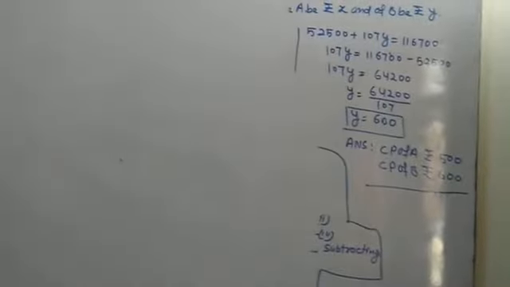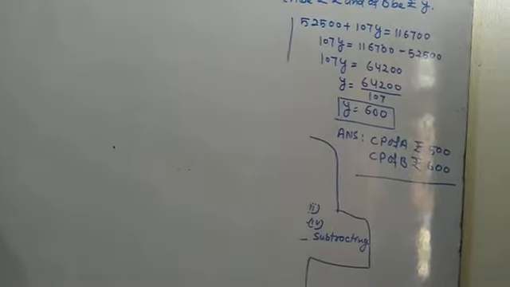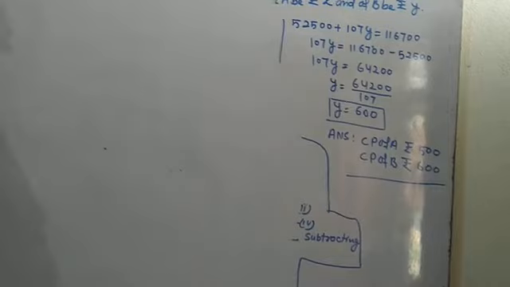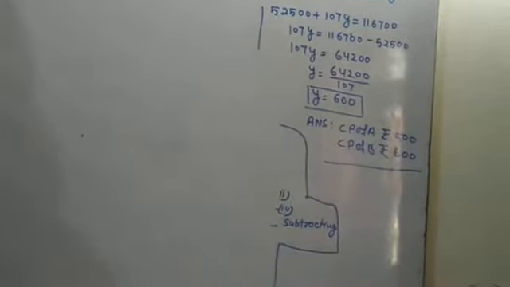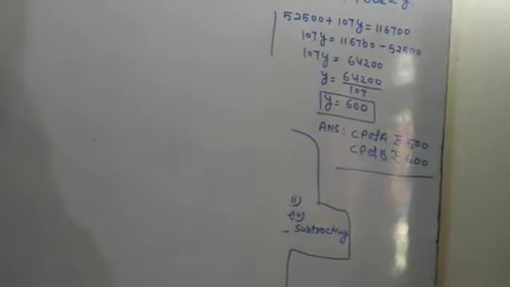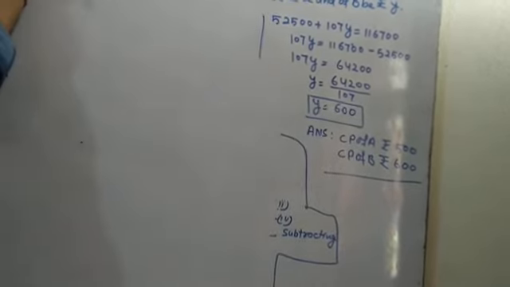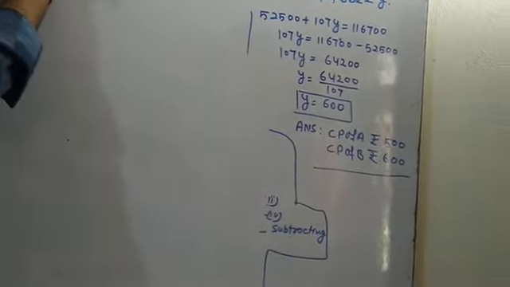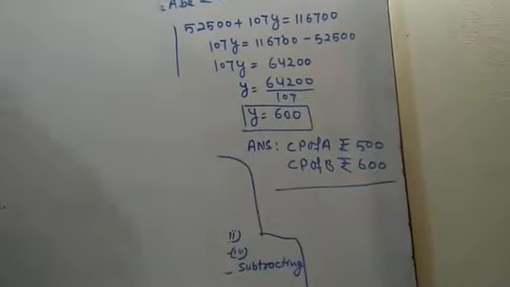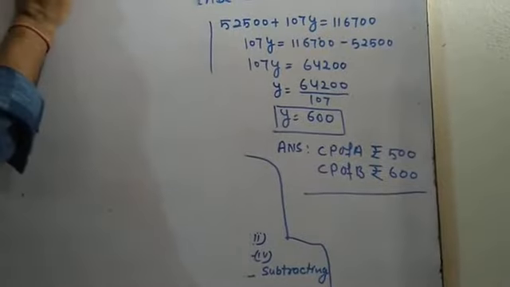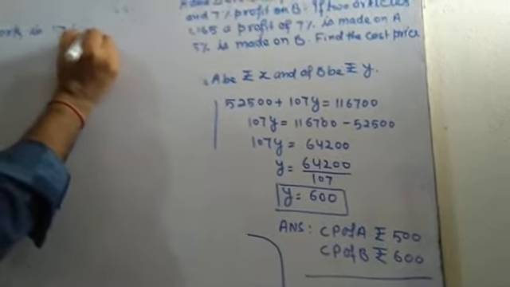Pooja and Ritu can do a piece of work in 17 whole 1/7 days.